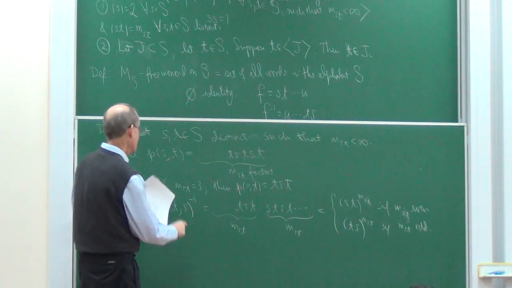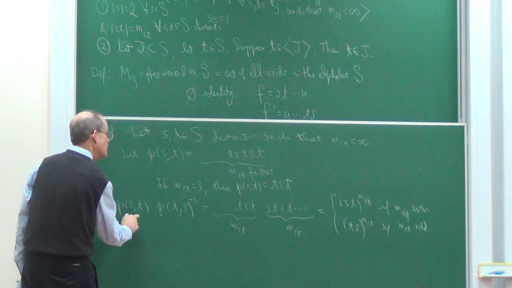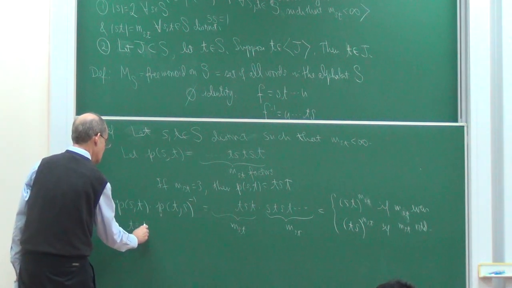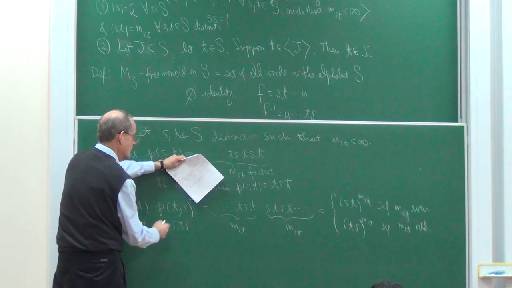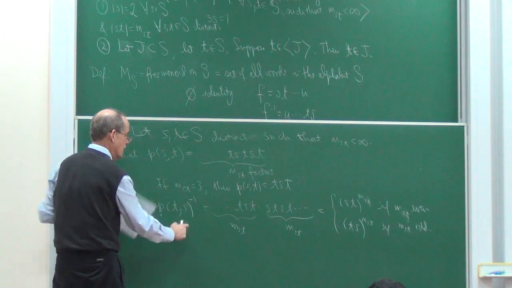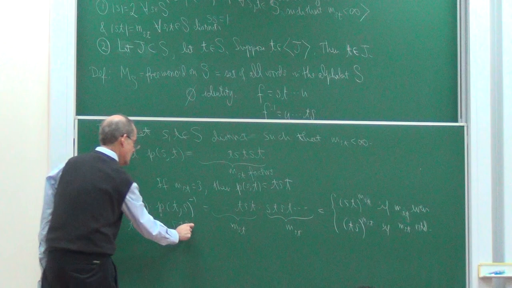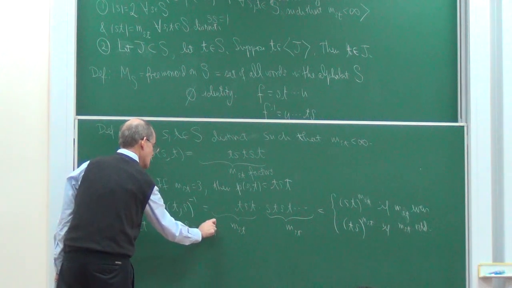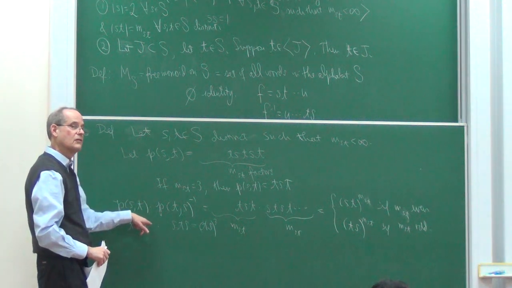So for example, if I let M_{S,T} equal to 3, then what does this product look like? This factor is TST, and this factor is STS. And when I put the inverse, I get the same word. And when I multiply the two, you see I have exactly 3 factors of T's.